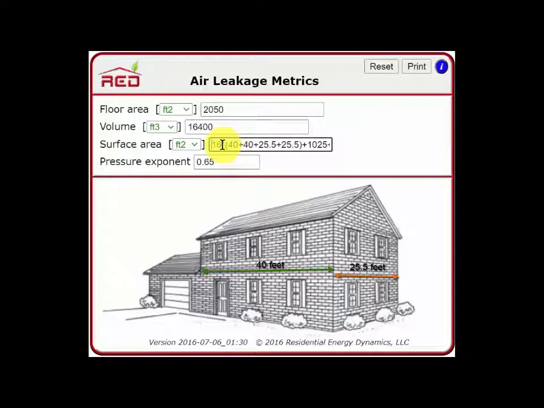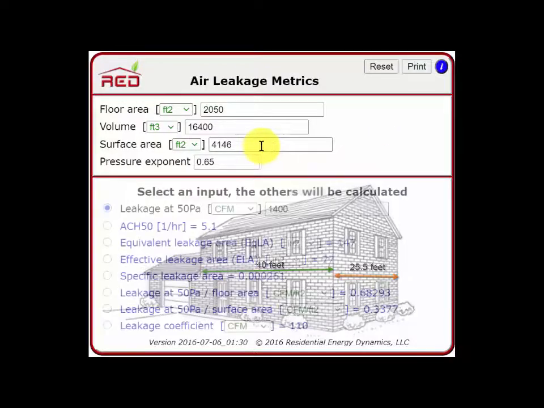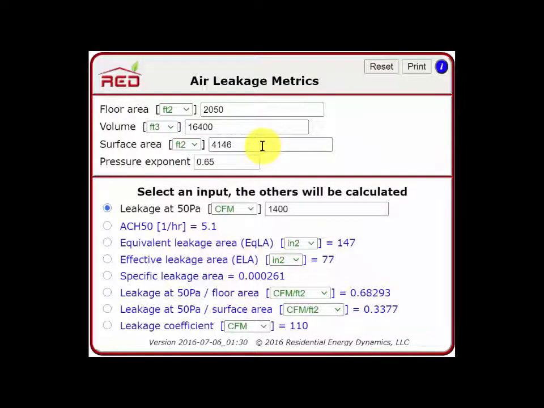And each of those sides is 16 feet tall. So if I click outside of the box, what I get is 4,146 for the surface area. I recommend to you that you leave the pressure exponent at the default value of 0.65.